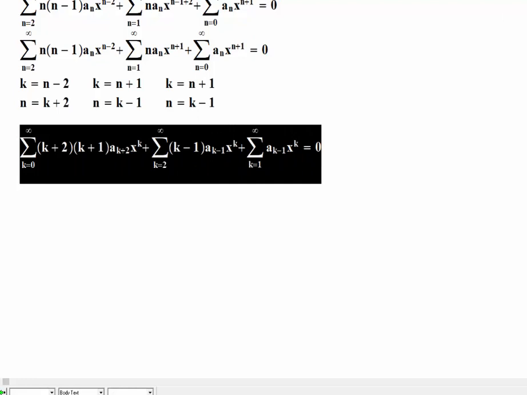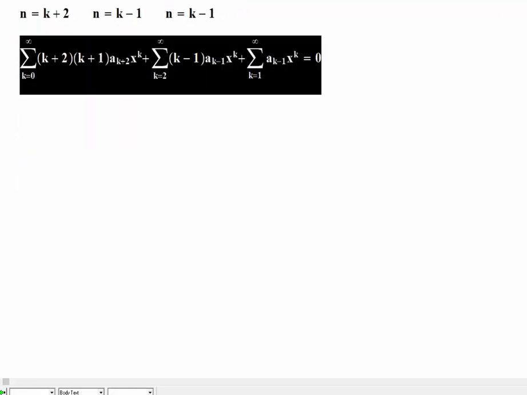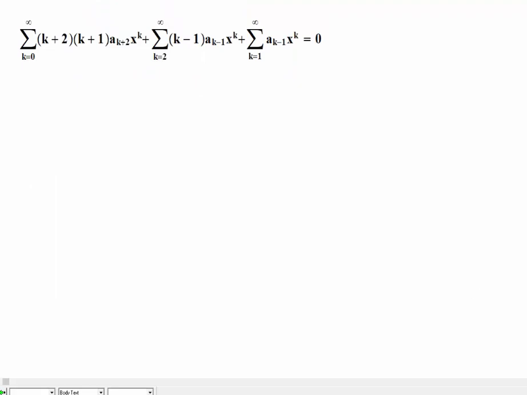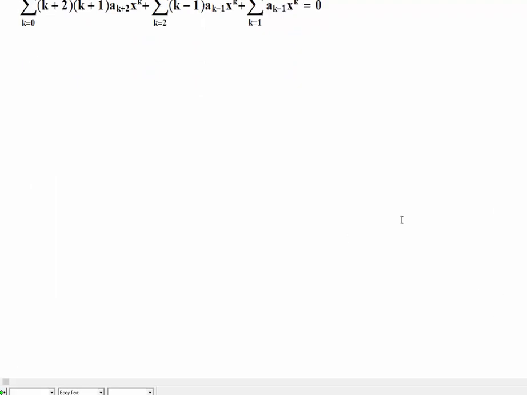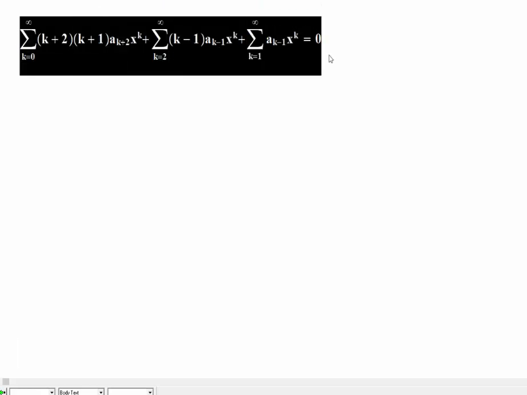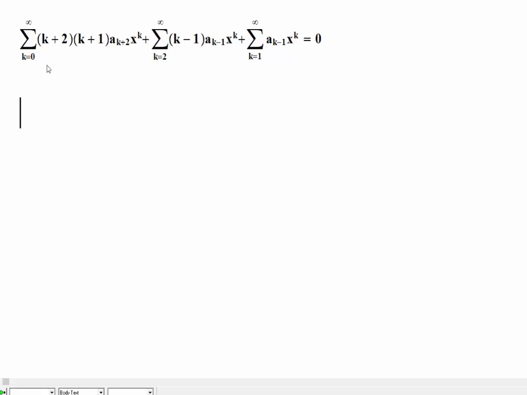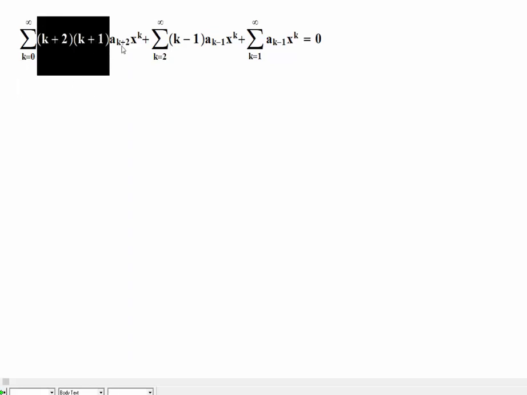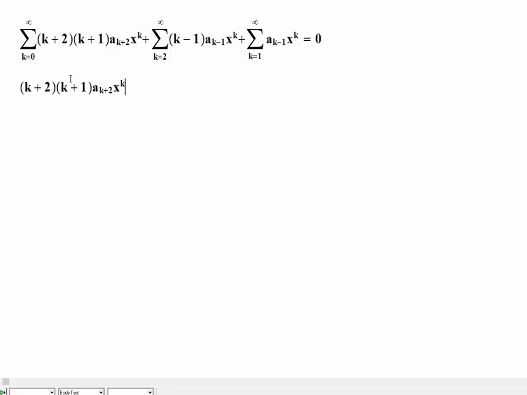And now what we are going to do is expand them until their starting points match. So here I shall write the term corresponding to k equals 0 first.